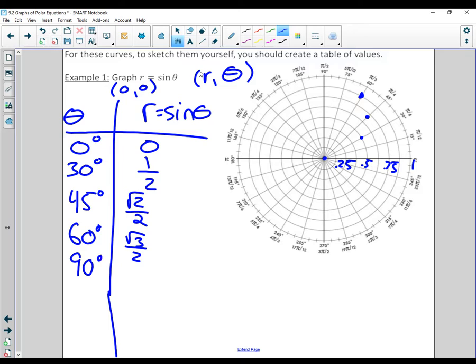90 degrees or pi halves. Think of the graph. One. And then think of the graph on the way down. So this is what we've just graphed here. It's going up, and now we're at pi halves with that max.